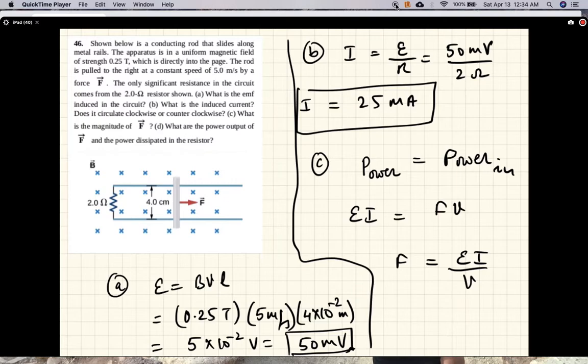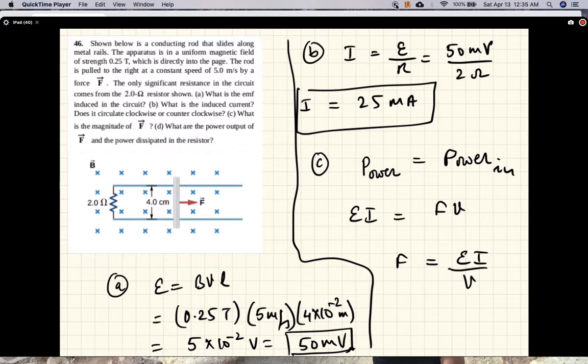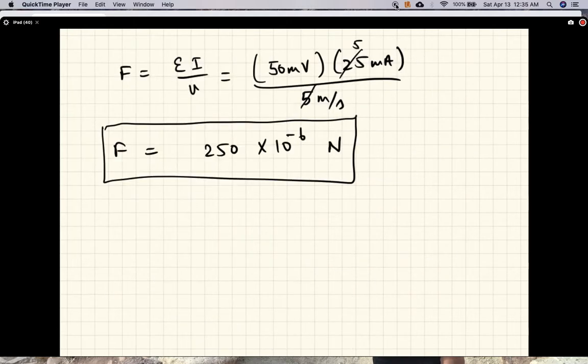What are the power output of, okay, let me go back to C.